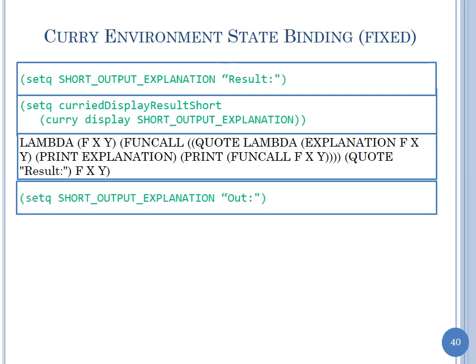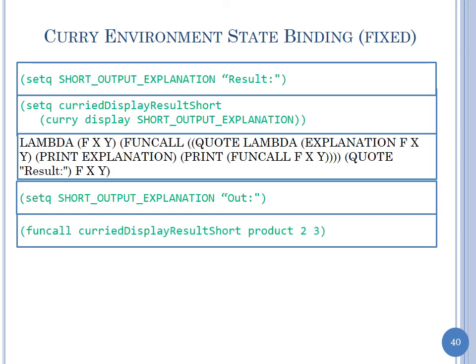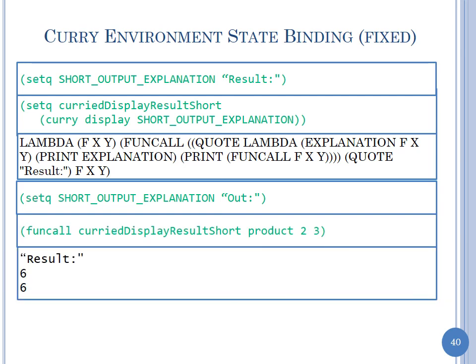and I set it to out. If I do this, we saw last time that we'll get result, because we actually stored result. So that's another difference we saw last time: in one case, we are bound to a particular environment reference, in the other case, we are actually bound to the values. We've frozen the values at definition time. So this is what we did last time.